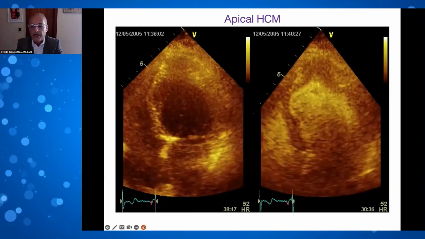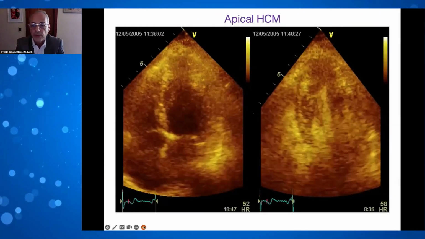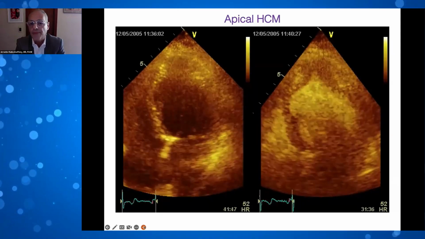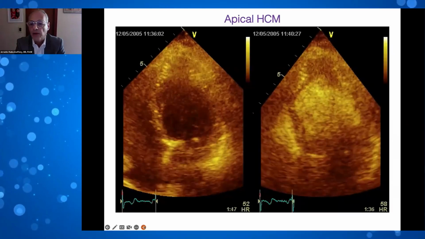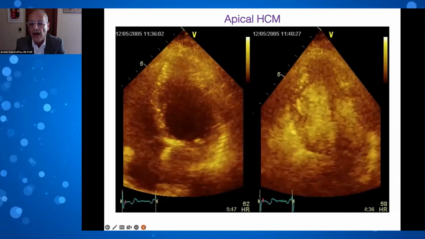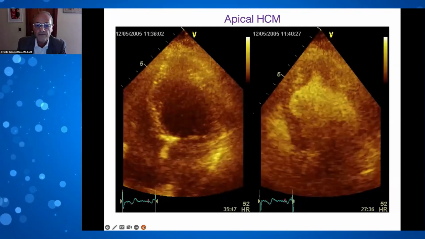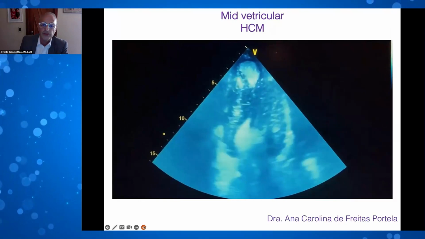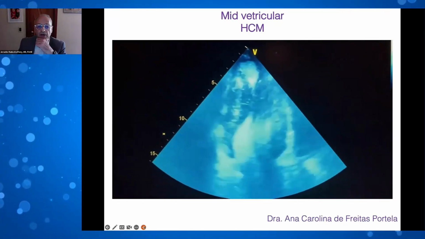This is another case of hypertrophic cardiomyopathy. It's a patient with Yamaguchi, apical hypertrophic cardiomyopathy. And we see how nicely we can delineate the hypertrophy in the apex of the left ventricle. And this one is another reason to study hypertrophic cardiomyopathy.